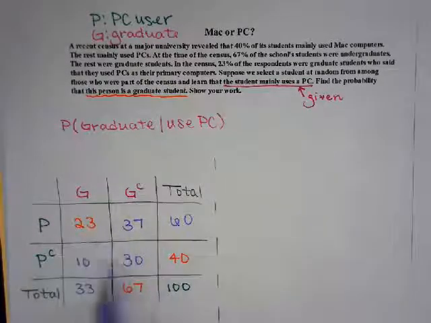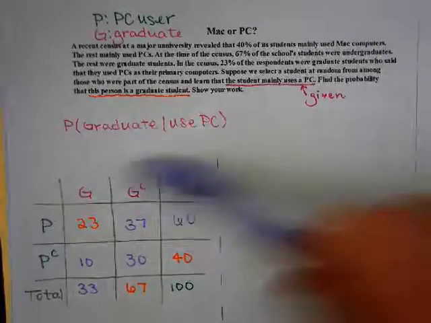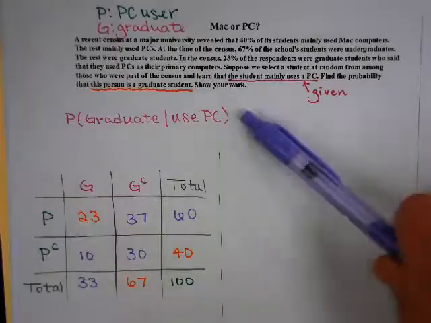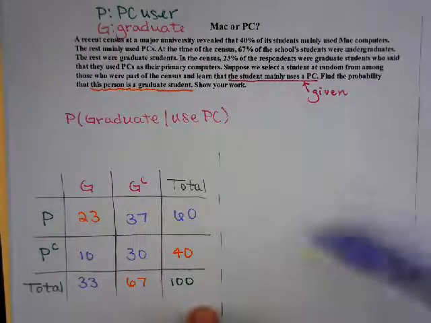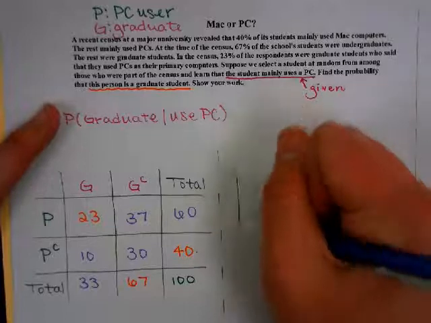I do want to draw our Venn diagram. So remember, when you draw a Venn diagram, you need it in a box that shows the entire sample space. So everything should add to 1.